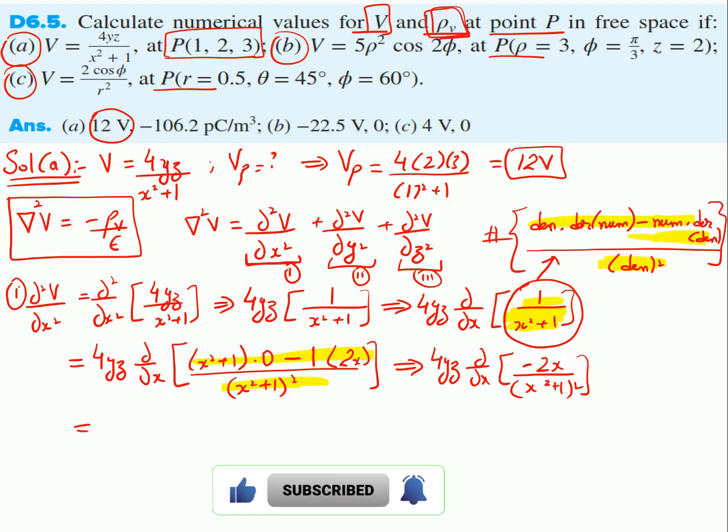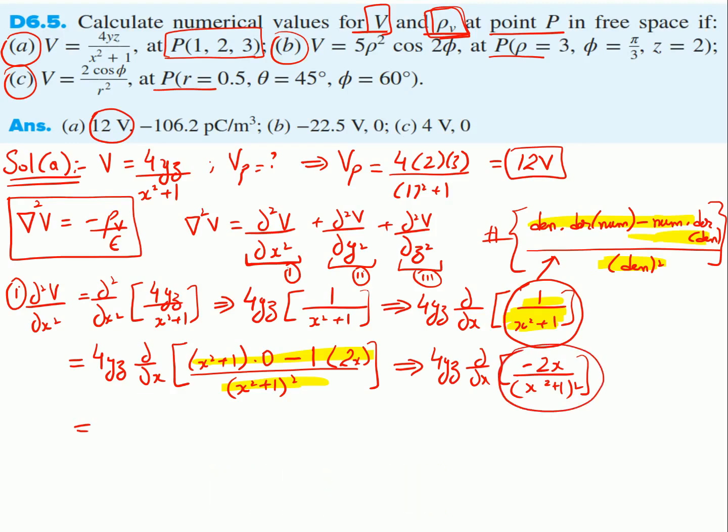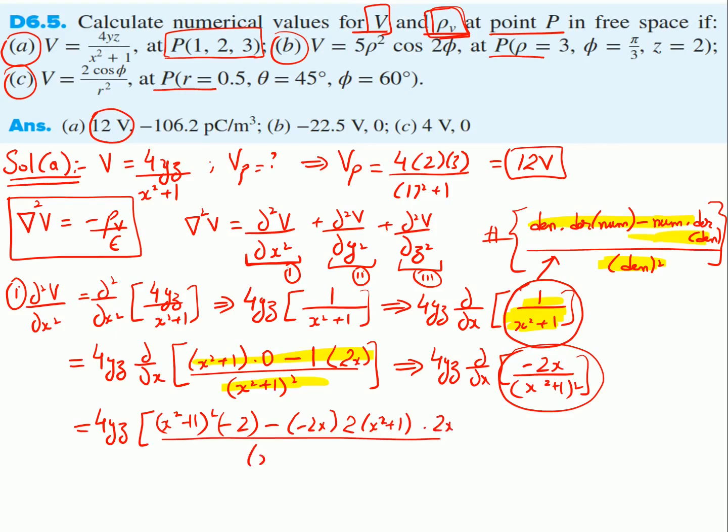The second derivative of this will be 4yz, and now x square plus 1 whole square minus 2 times negative 2x, x square plus 1, multiplied with 2x, divided by the denominator, which will be x square plus 1 whole square, which will be now power 4 because I have taken the denominator square. So this is the equation that you have gotten.